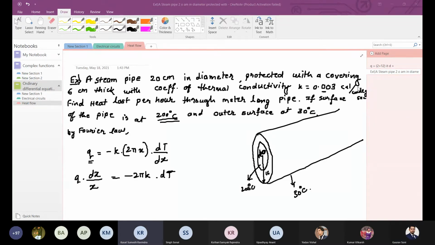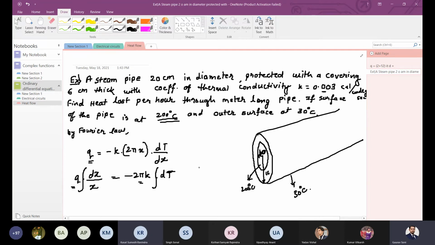Sir, we can directly integrate, but I am confused about what to do about this Q. Q is a constant. Then we can directly integrate. This is variable separable form, exactly. Q is a constant, and 2 pi K is a constant. The variables x and t are separated, so I can directly integrate.